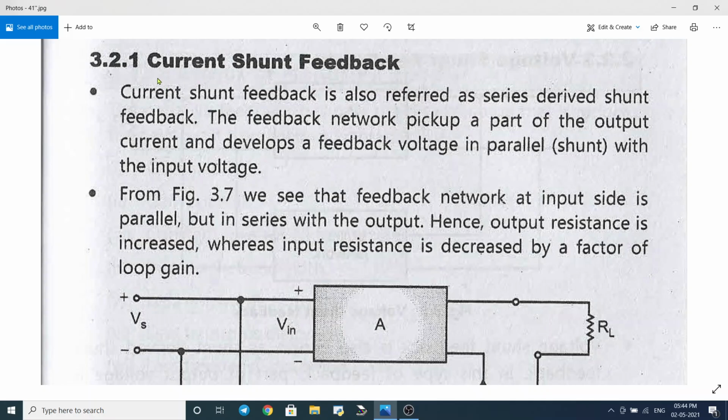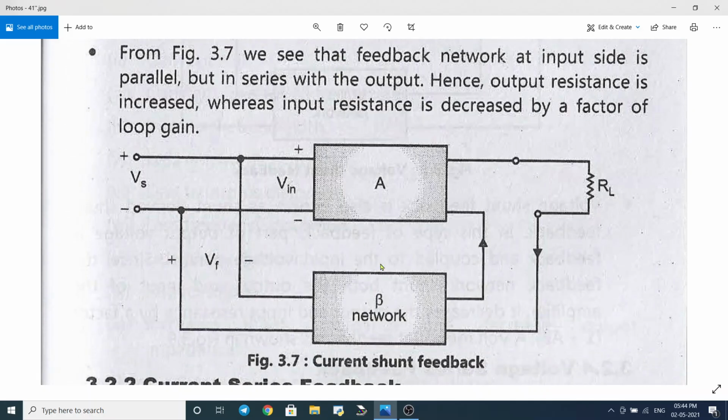So combined we have current shunt feedback. This is a signal voltage given to the amplifier. The signal voltage will be different than the input voltage, because the input voltage is Vs plus Vf if the feedback is positive, and Vs minus Vf if the feedback is negative.